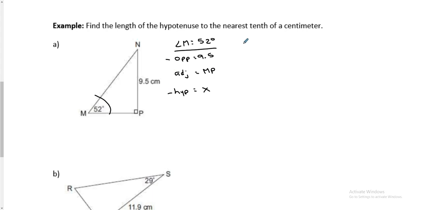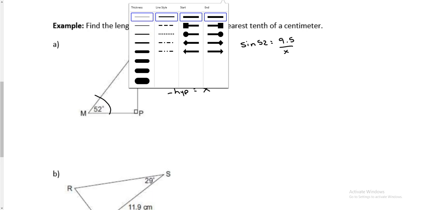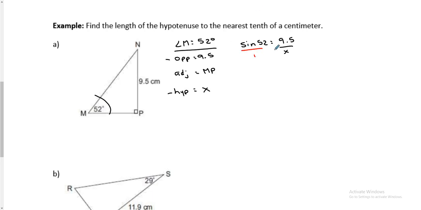We're going to use sine. So sine 52 is equal to 9.5 over X. We are going to cross multiply by setting this up over 1. So that leaves us with this following line of X times sine 52 is equal to 9.5.